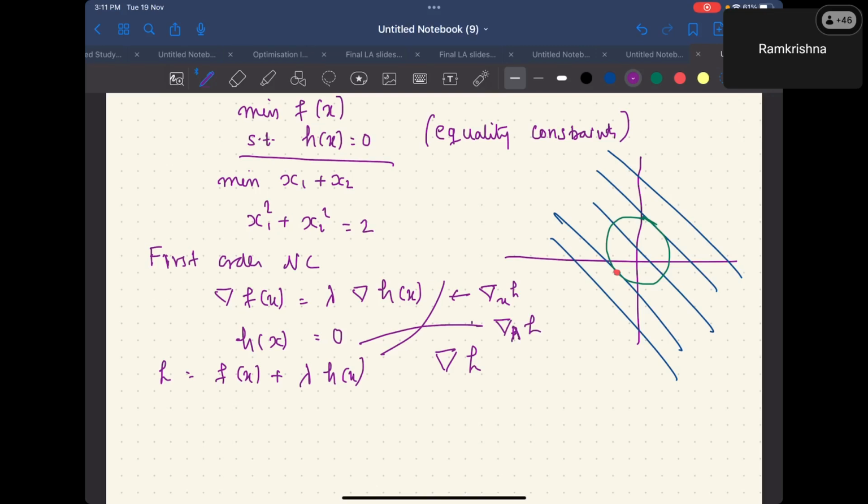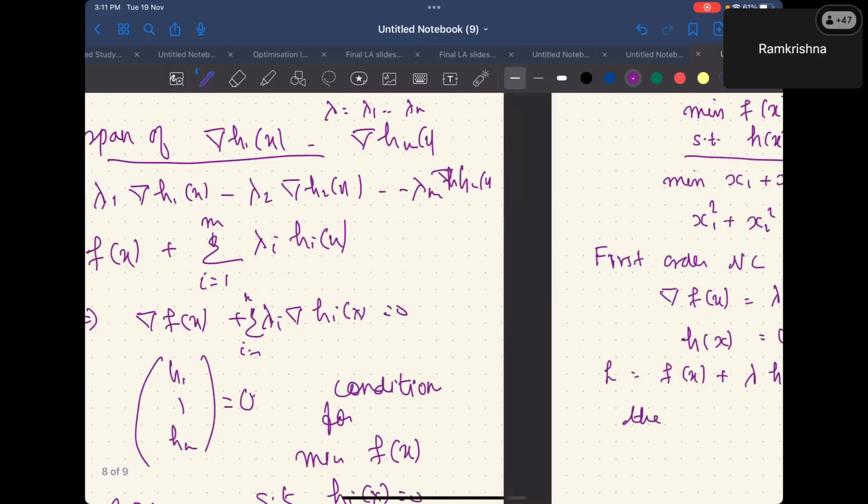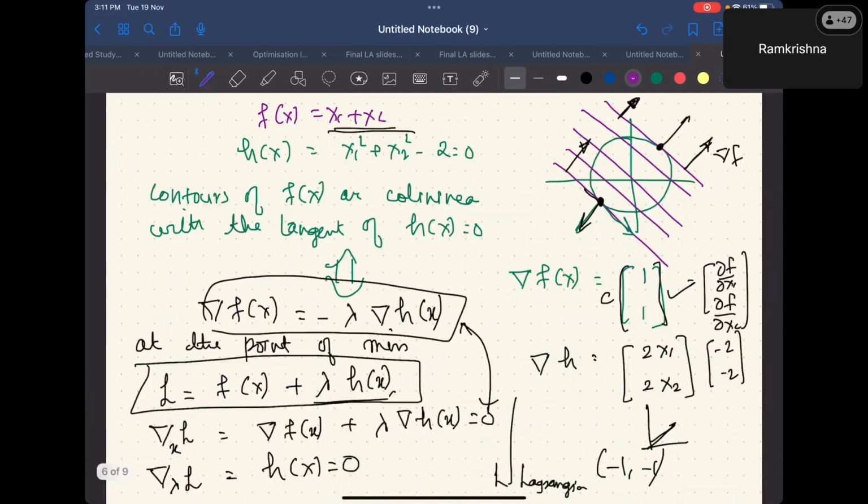So this is where we were, and we also looked at what happens at the optimal point. If I have a picture to project, the contours of f of x were collinear with the tangent of h of x.